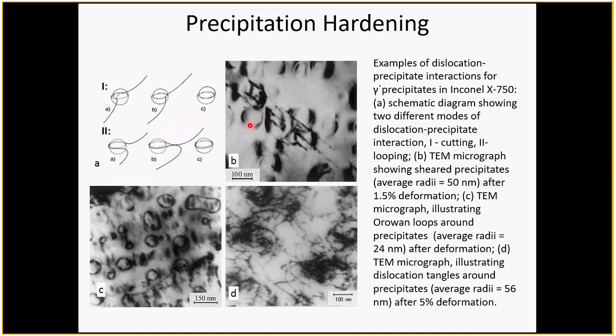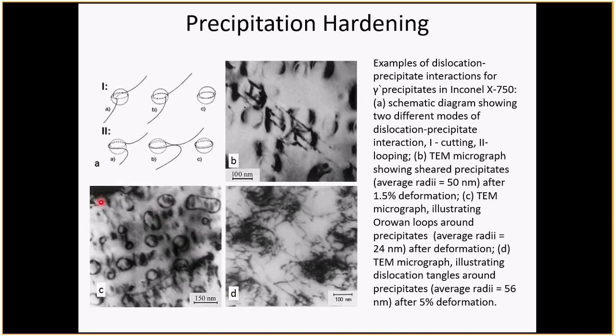And so even though there are instances where you have precipitates that may have very similar size, like this and this, in the one instance you see some precipitate cutting, in the other case you see some Orowan looping. And this is what the Orowan looping looks like.